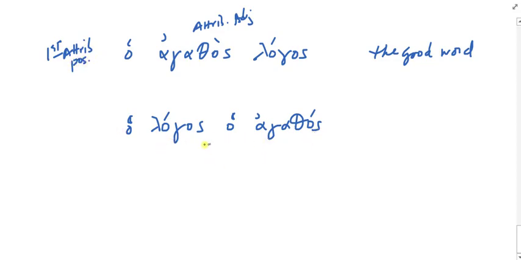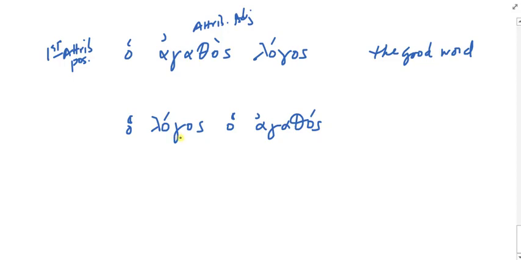Now look at the second example. Ho logos ho agathos. Literally the word, the good. Is the adjective articular? Yes, there's an article immediately preceding it. Is there a noun that it accompanies and agrees with in case, gender, and number? Yes.